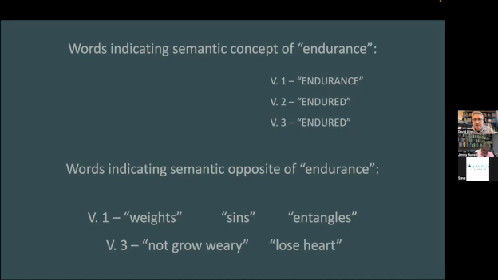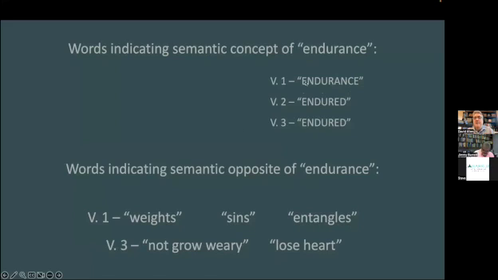And then notice also the words in your text that mean the opposite of endurance. There are 5: weights, sin, entangles, grow weary, and lose heart. Notice those 5 things are the opposite of enduring. Do you see that?